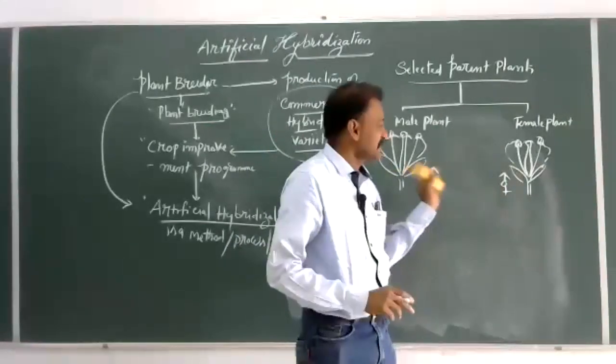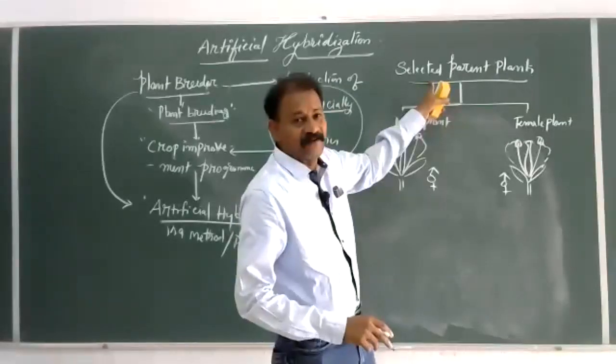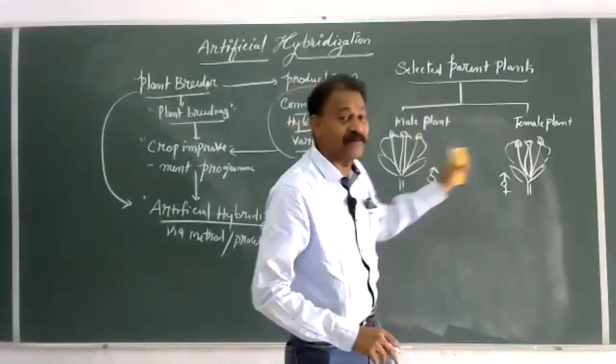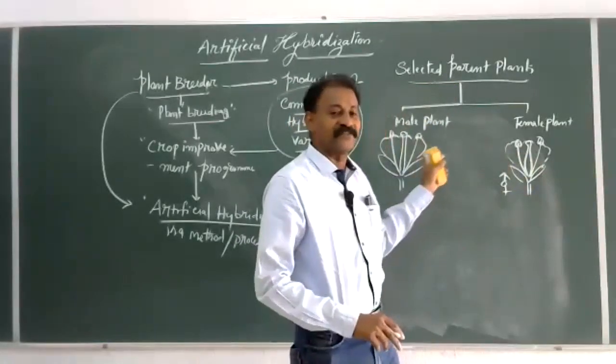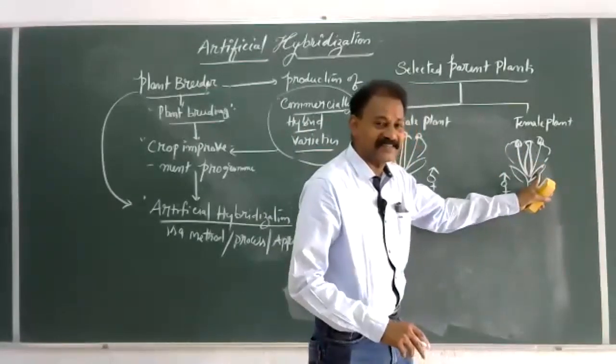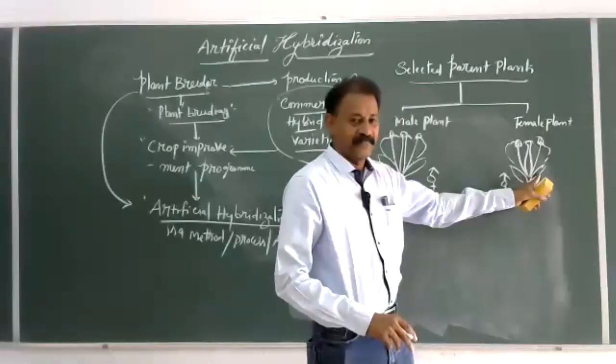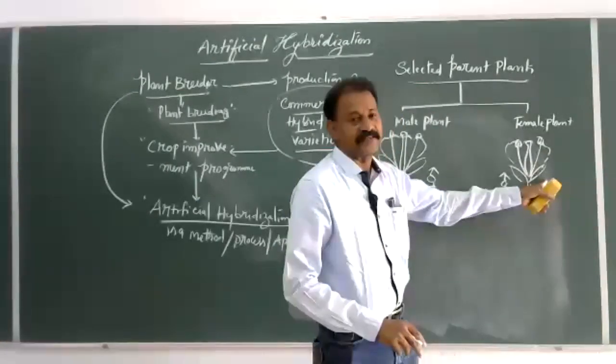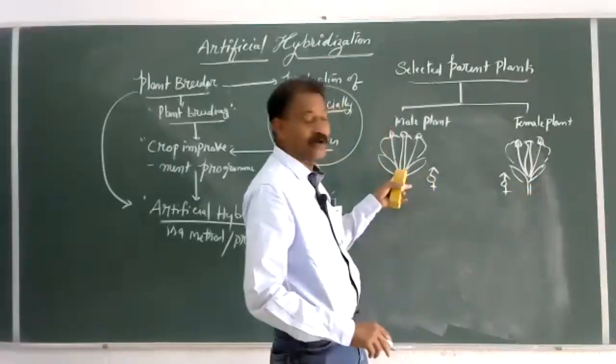Why were these plants selected? Because they have some good, desirable characteristic features, some 3 or 4, some 2 or 3.